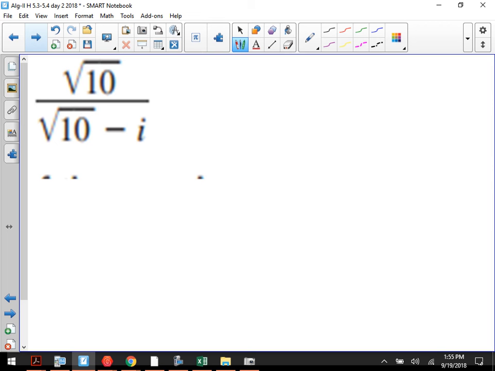So, what's the conjugate you've got to multiply by? No, all you have to do is just root 10 plus i. Oh, I thought you said negative 10. I'm sorry, I didn't hear you. So when we're multiplying top and bottom here, it's just root 10 plus i.